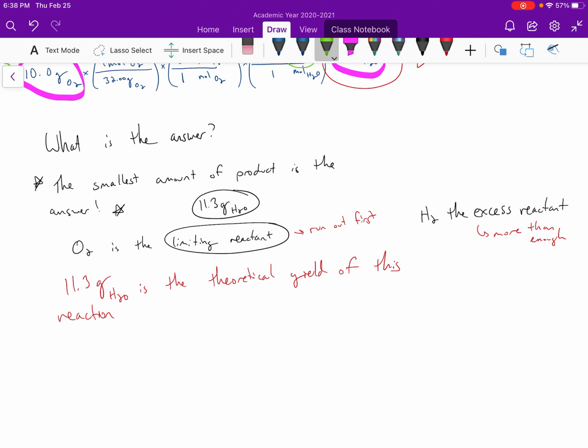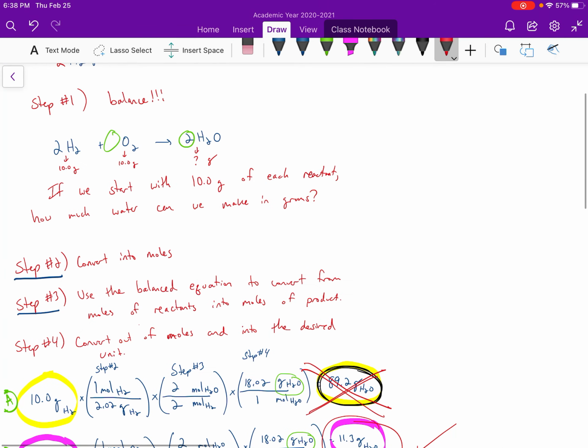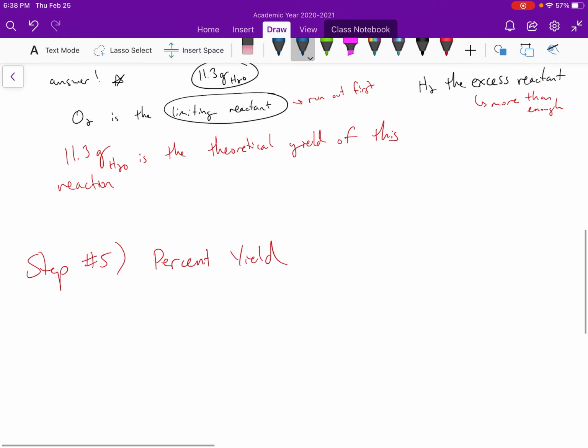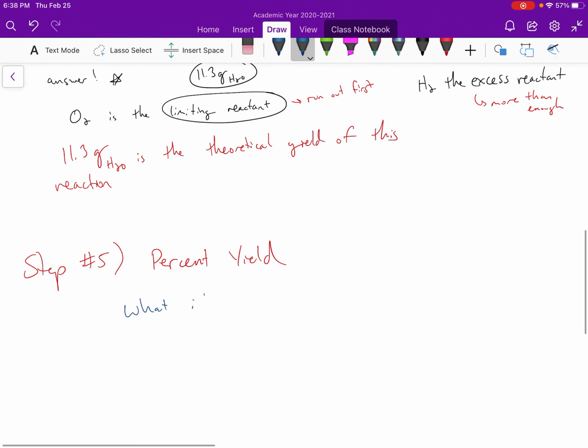So the last thing I'll say here, and you can even call this step 5, I guess you can, right? Step number 5 would be percent yield. So what if you produce 10.6 grams of water in the lab?